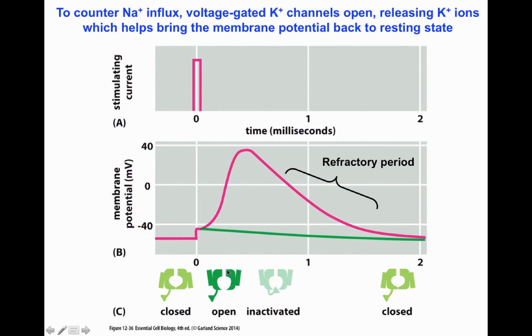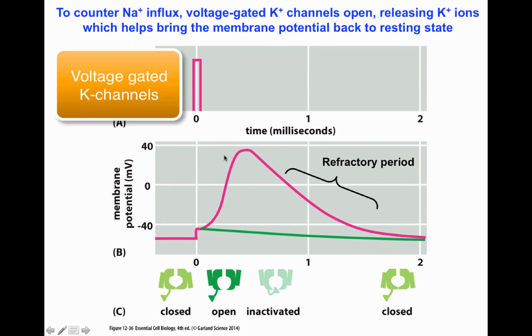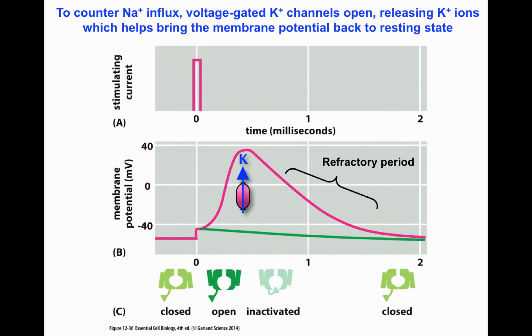That induces the opening of the sodium voltage-gated channels, which are going to allow the influx of sodium ions into the cytoplasm, and that increases the membrane potential from minus 40 to around 40 millivolts. At that point, of around 40 millivolts, you have the voltage-gated potassium channels opening up, and they're going to allow the efflux of potassium ions from the inside of the cell to the outside of the cell.